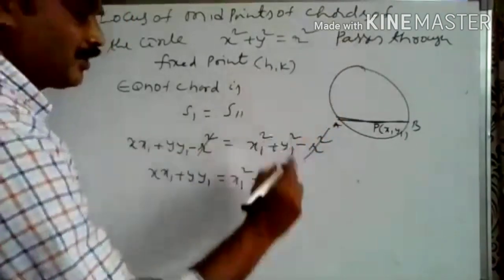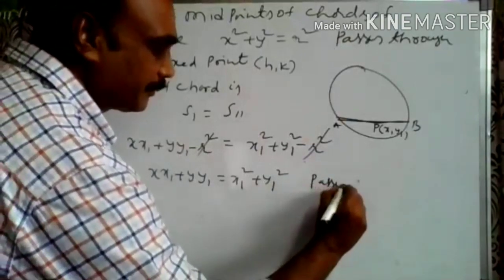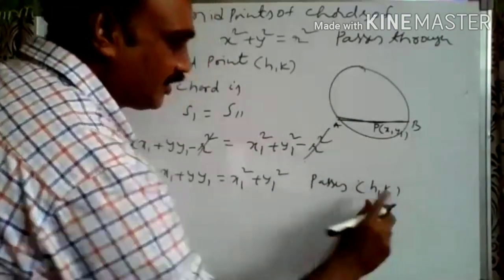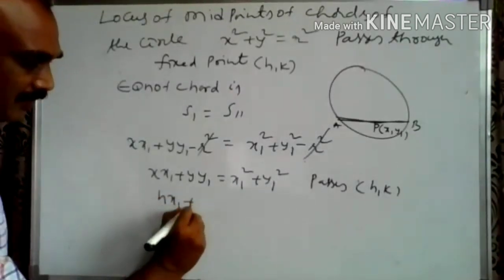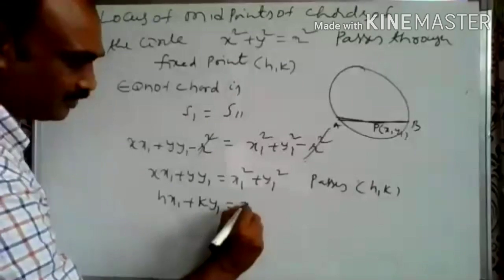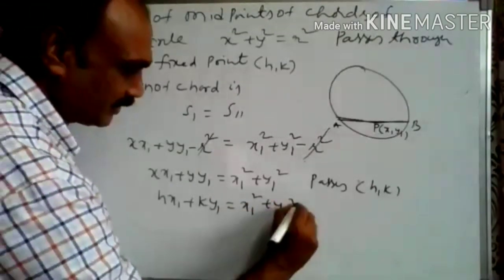But the chord passes through the fixed point h comma k. Substitute h in place of x and k in place of y: h x1 plus k y1 is equal to x1 square plus y1 square.